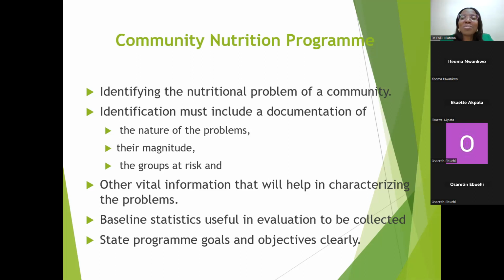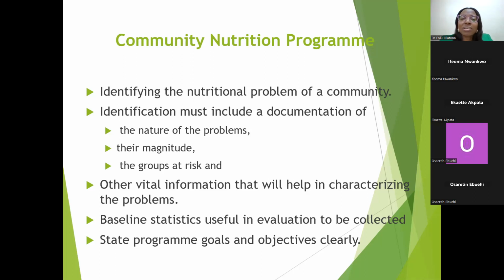Even if what you want to give is food, you want to educate them on how to eat the food properly. And you need a hall. The little available funds, you don't want to use it to rent a hall when the palace of the Oba can actually take everybody you want to address. So you must identify the natural resources in that community.